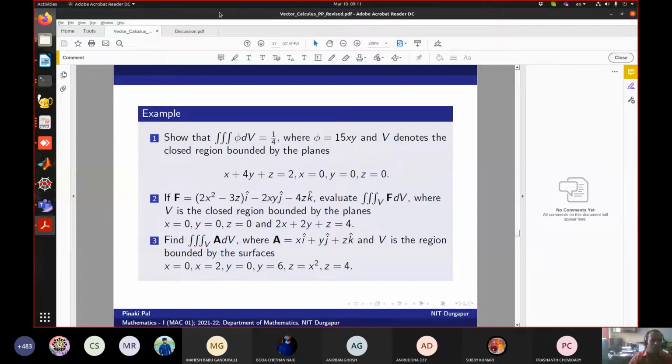Okay, so let us solve problem number 3. x equal to 0 to 2, y equal to 0 to 6, and z equal to x squared to 4.